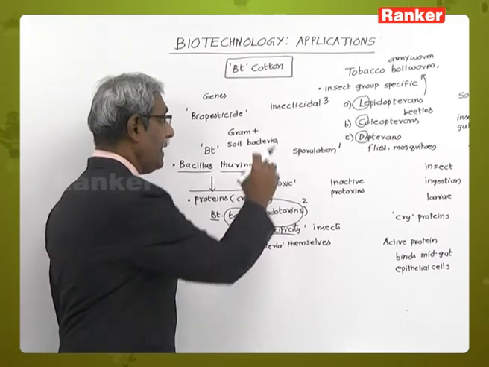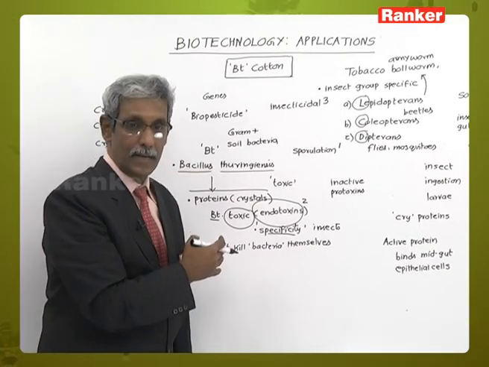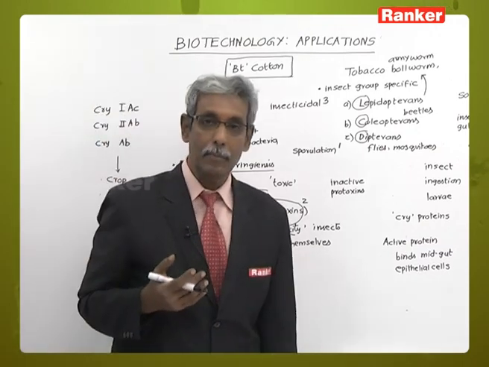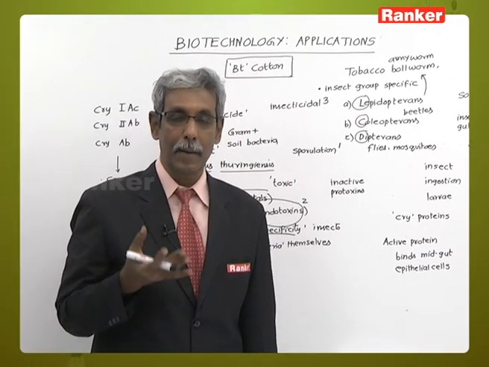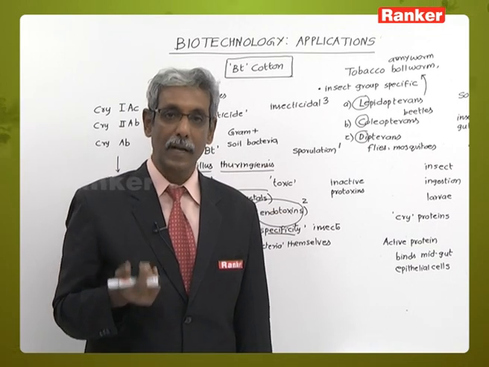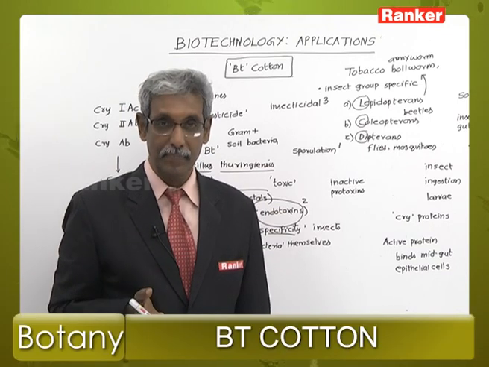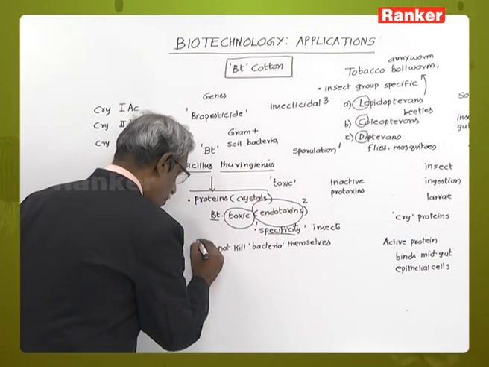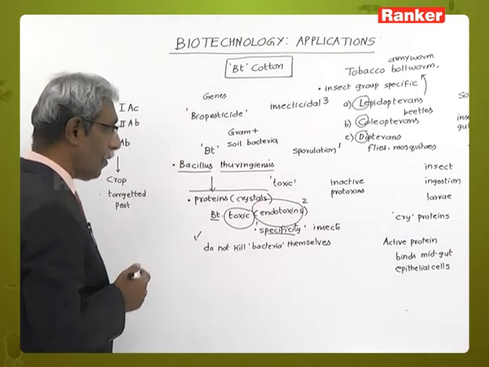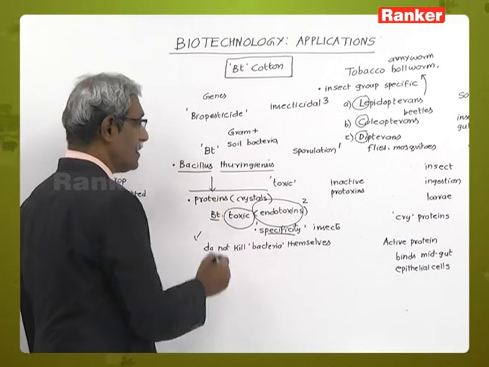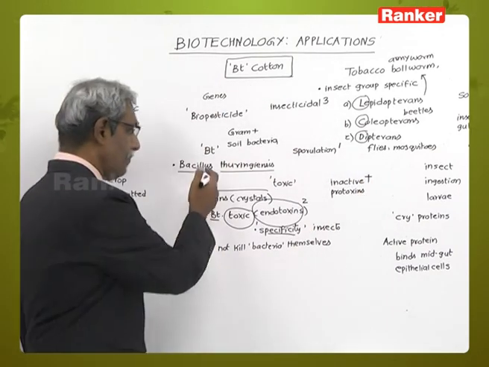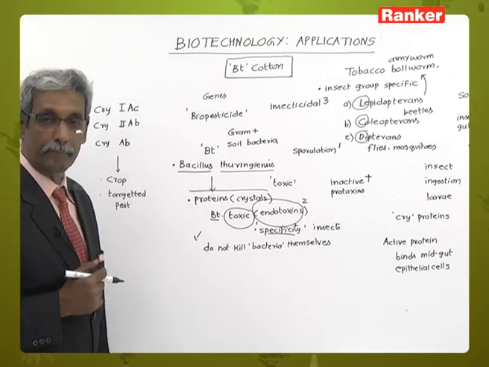That is, these chemicals do not kill the bacteria themselves. Many times you would be wondering, when a bacteria produces toxins, why can't the bacteria itself be killed? The bacteria produces toxins, but it does not kill itself, because these toxins are always present in an inactive state in the bacteria.